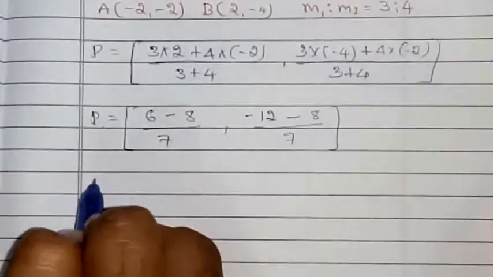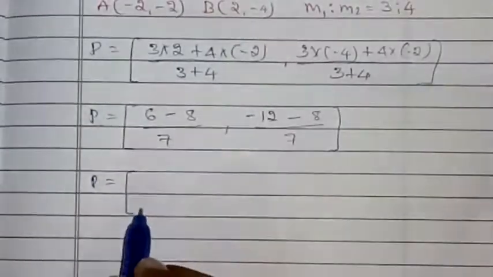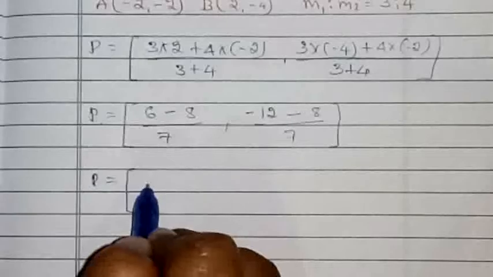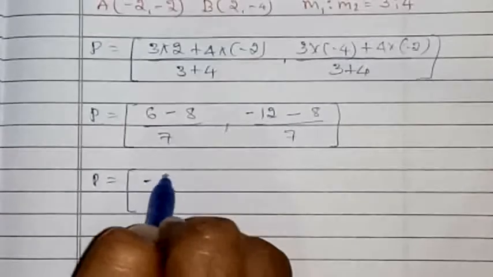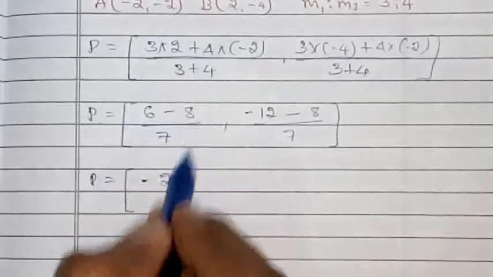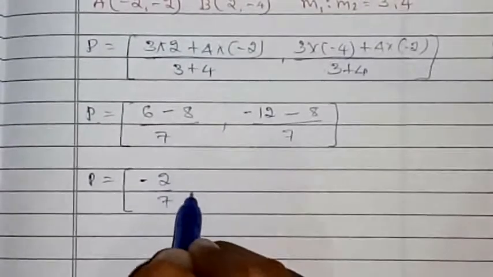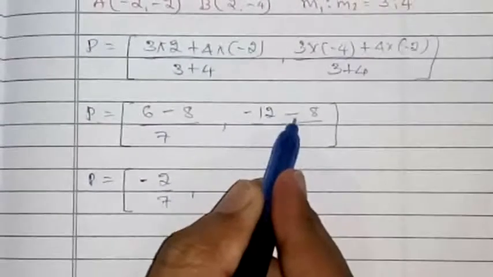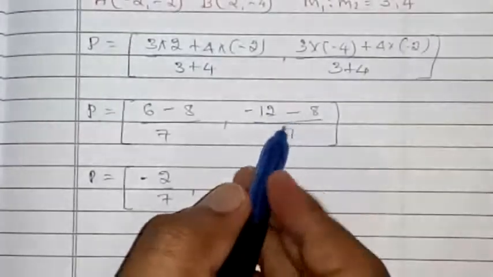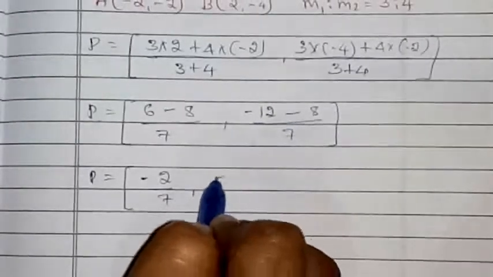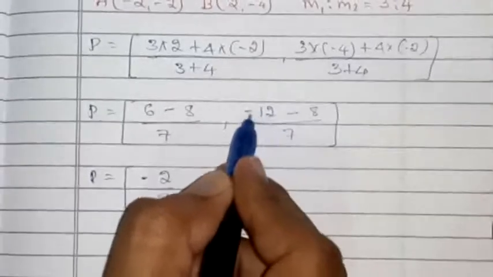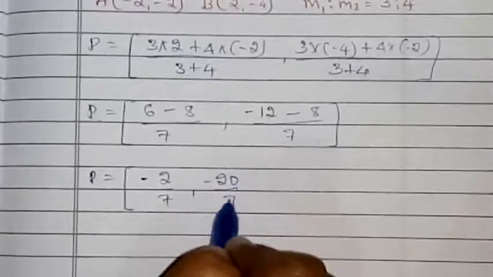So P equals, here 6 minus 8 is minus 2, because the sign of the biggest number, 8, is minus, so minus 2 by 7. Comma, here minus into minus is plus, so you need to add, therefore 12 plus 8 is 20, so minus 20, because again the sign of the biggest number, 12, is minus, so minus 20 by 7.